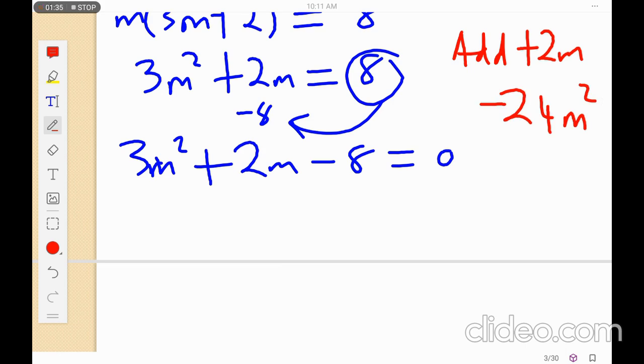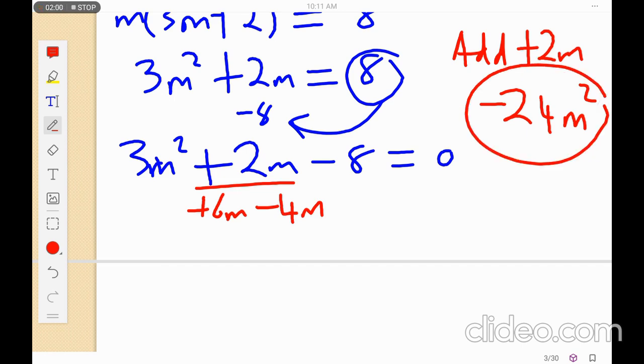I can think of 24. 24 is a product of 6 times 4. Yes, I can use that one. So I can think of plus 6m minus 4m. If I add, I'll have plus 2m. If I multiply, I'll have minus 24m squared.